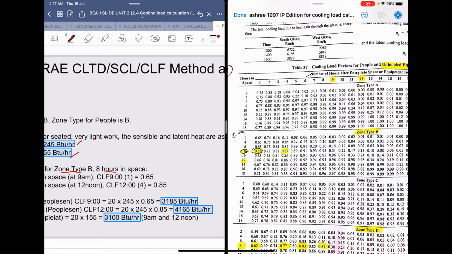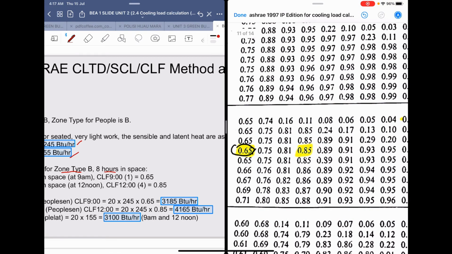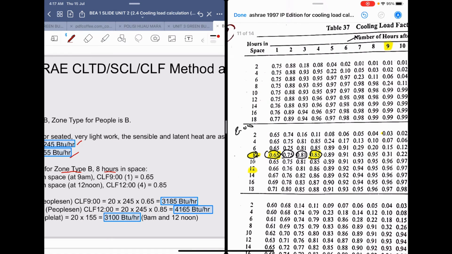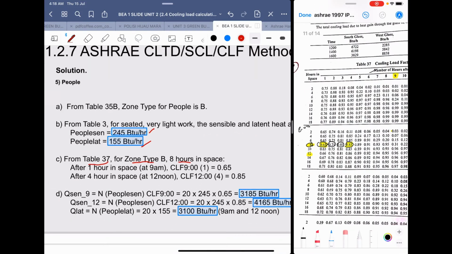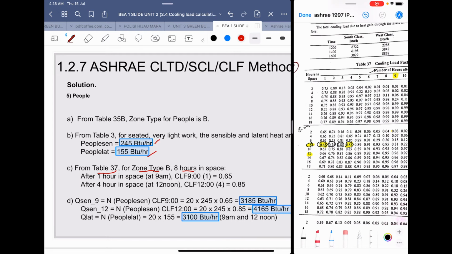How about if the question asks for 10 a.m.? The CLF will be 0.75. And 11 a.m. will be 0.81. And in this case, 12 noon is 0.85. So 0.65 at 9 a.m. and 0.85 at 12 noon are the CLF for this room, cooling load factor.